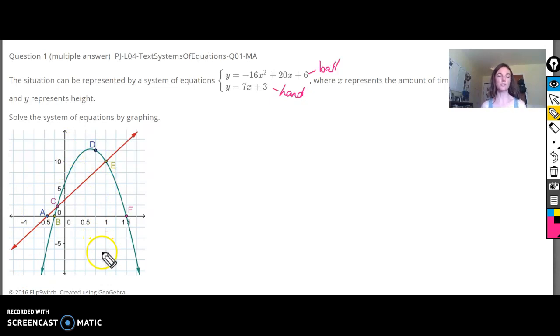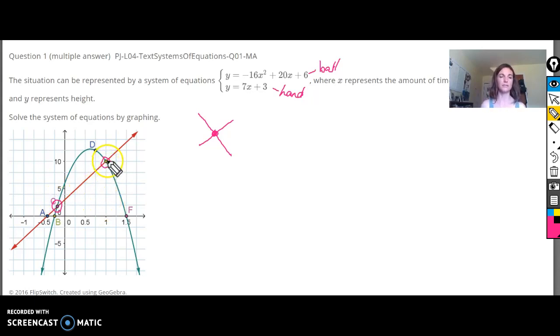The solution to a system of equations, if you'll remember from Algebra 1A, when we were just doing solutions to linear equations, those solutions were where the graphs cross. This is the same. The solution to a system of equations, even if you're dealing with a quadratic and a linear equation, is going to be where the two graphs cross.